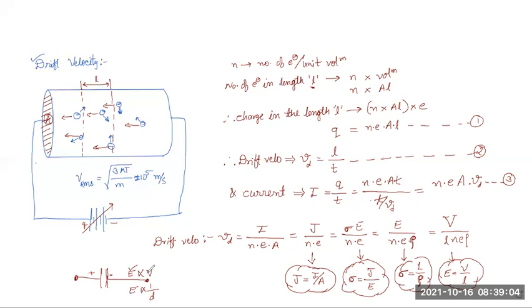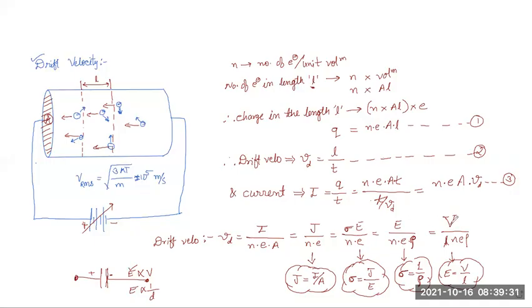So the field is directly proportional to the applied voltage, but inversely proportional to the distance of separation between them. We use the same concept here, writing the electric field E in terms of volt applied per length. If you increase the length, the electric field decreases.